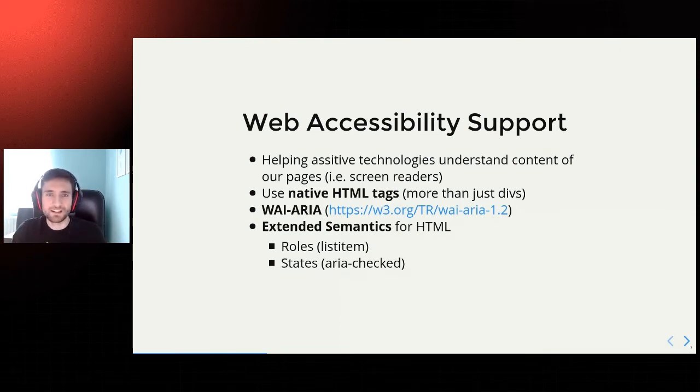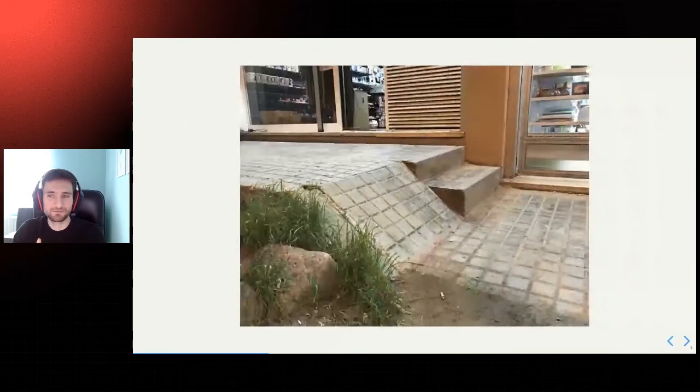The thing is that having just those semantics, just those attributes, is not always enough to make our page truly accessible. And taking an example from the outside non-web world, we can say that ramps for wheelchair users are kind of a semantic extension to a sidewalk that you apply when there are stairs so that people can easily use the sidewalk if they cannot use the stairs.